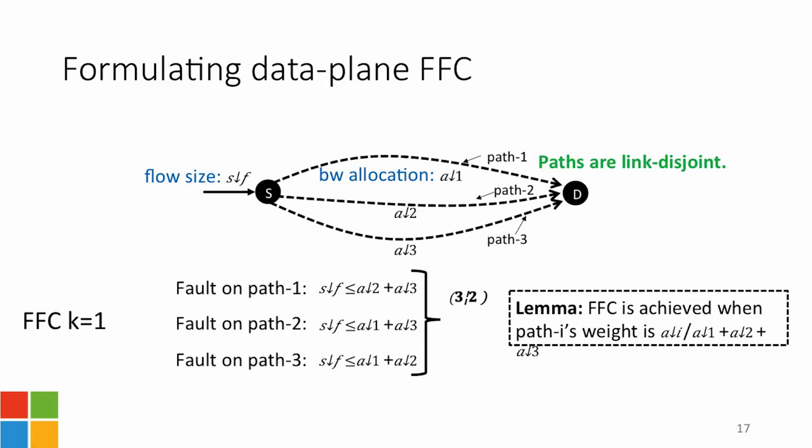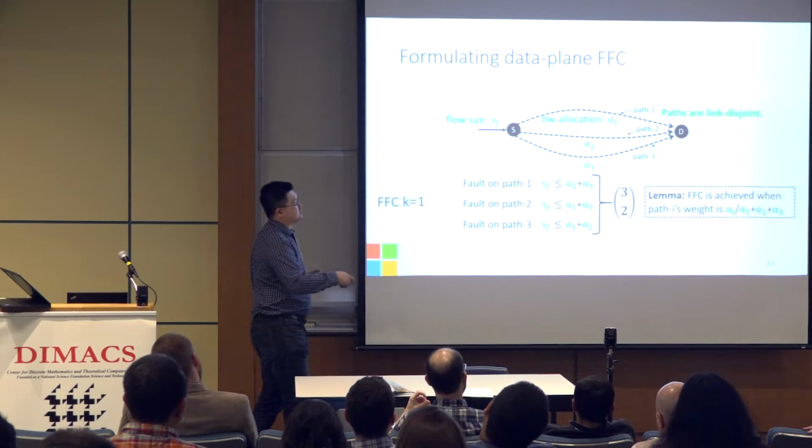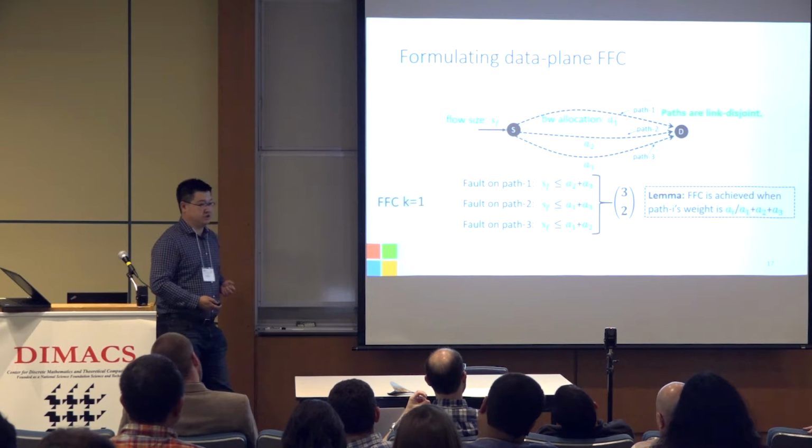So overall, it's 3 choose 2. You can easily see that this is a necessary condition for FFC. But in the paper, we have a lemma that if you set the path weight like this, it becomes a sufficient condition. So when it's achieved, it's guaranteed that FFC is achieved.